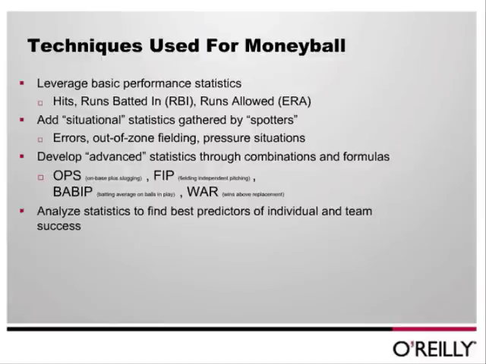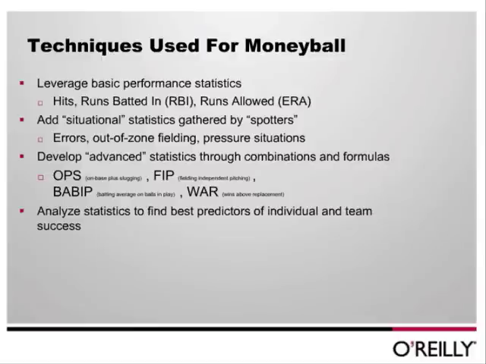Add other statistics that come from situational analysis or require a more careful analysis, such as errors. When a baseball player commits an error, if somebody drops the ball, it takes a subjective analysis of a person to say, was that an error or was the ball too hard to catch?